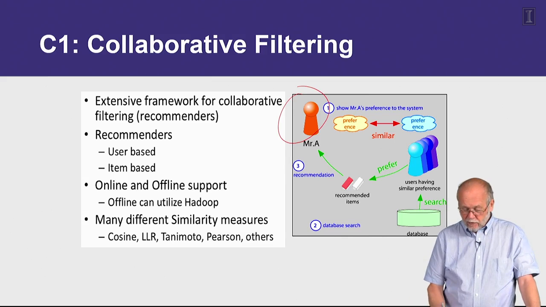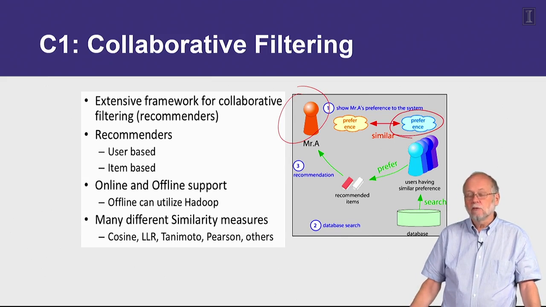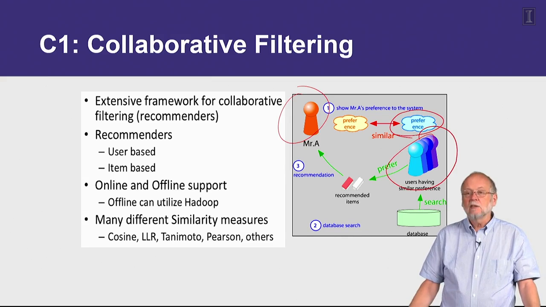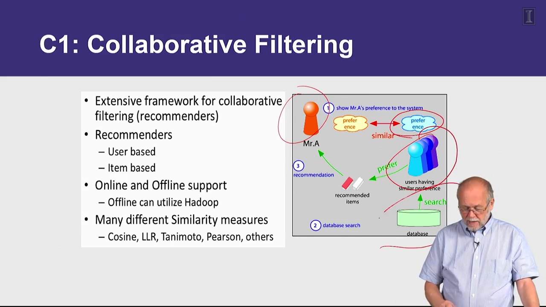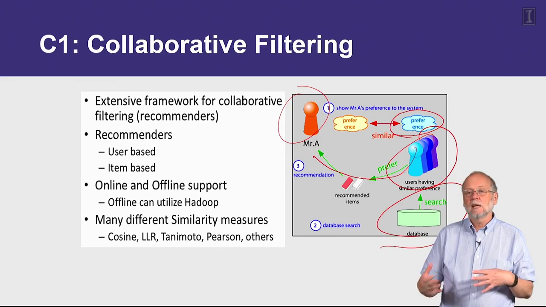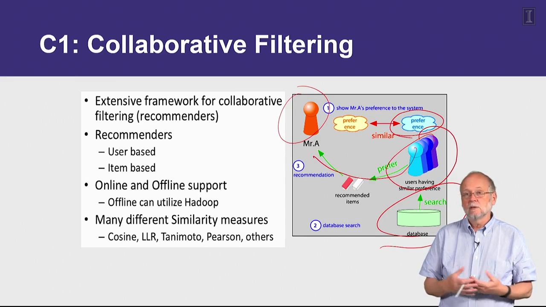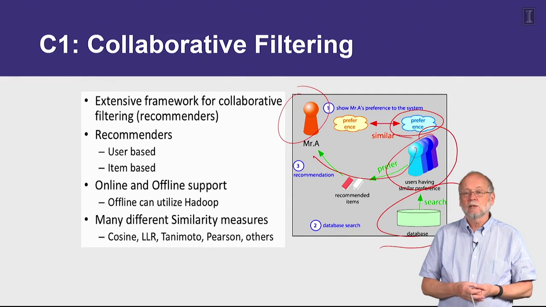Those preferences are compared with preferences of other users in the system, which come out of a database. Their preferences are matched against his, and then he's provided those set of recommendations.